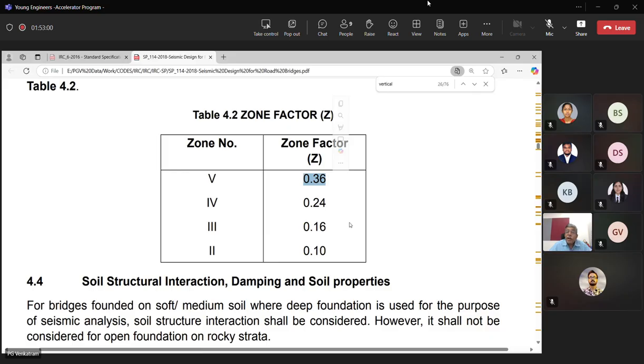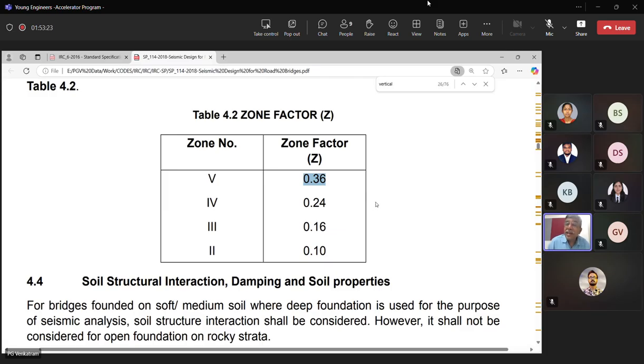Why are they reducing the zone factor to 2/3? Because the magnitude of energy that is dissipated in the vertical direction is smaller than the energy in the two other directions, as observed in the large number of earthquakes that have happened in the world. That is why they are saying for the peak ground acceleration in the vertical direction itself, you take 2/3.